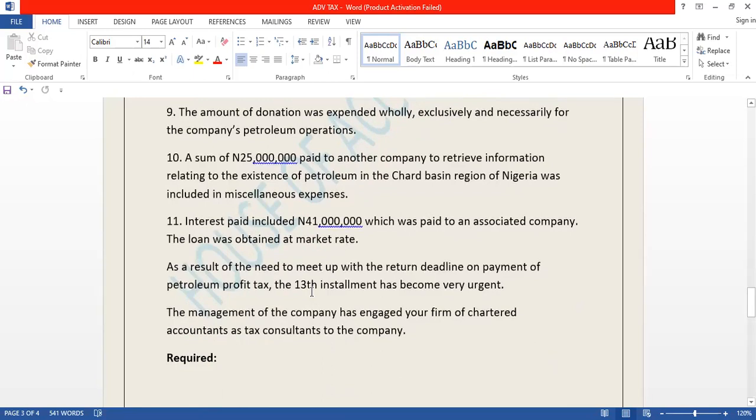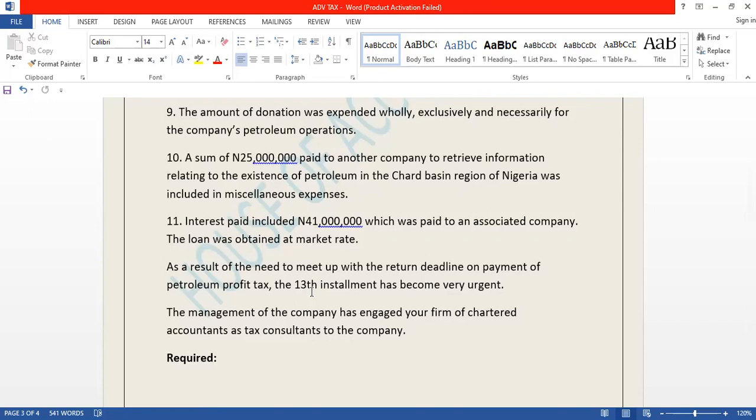A sum of 25 million naira paid to another company to retrieve information relating to the existence of petroleum in the Chad Basin region of Nigeria was included in miscellaneous expenses. 11. Interest paid included 41 million naira, which was paid to an associated company. The loan was obtained at market rate. As a result of the need to meet the return deadline on payment of petroleum profit tax, the 13th installment has been very urgent.